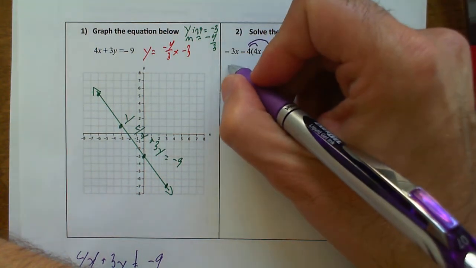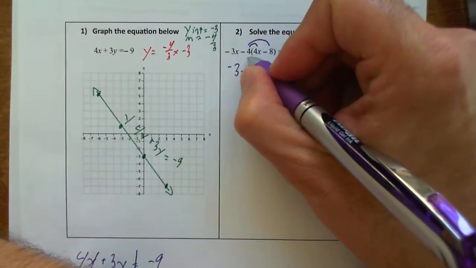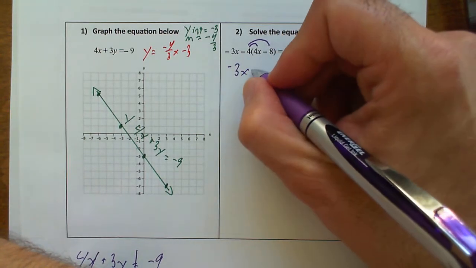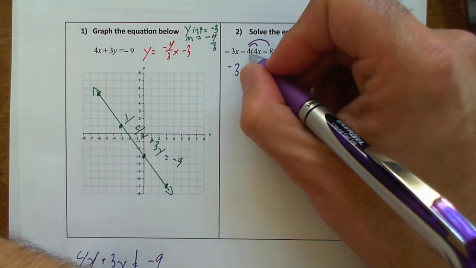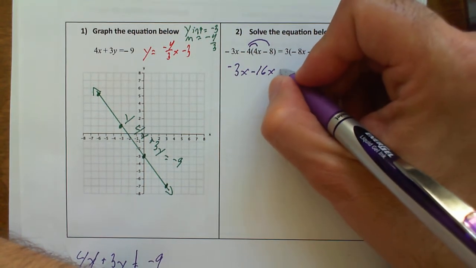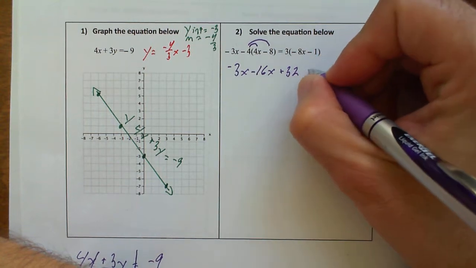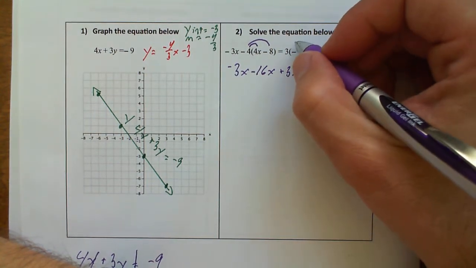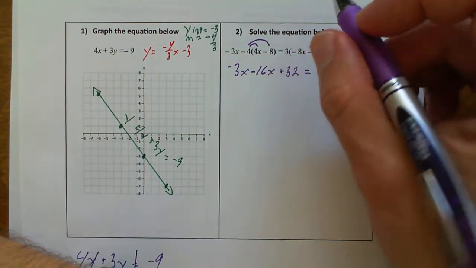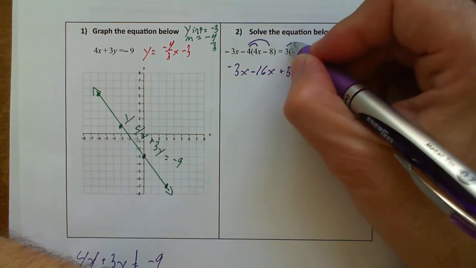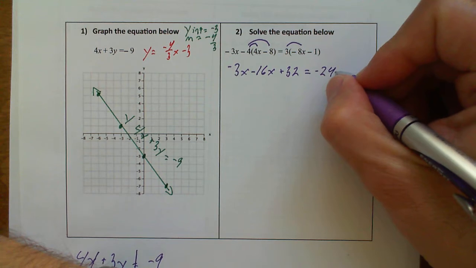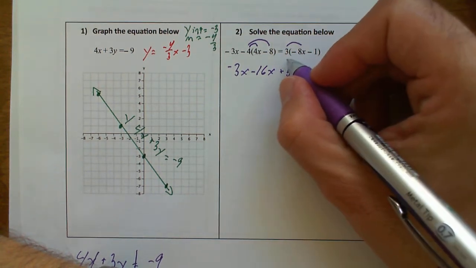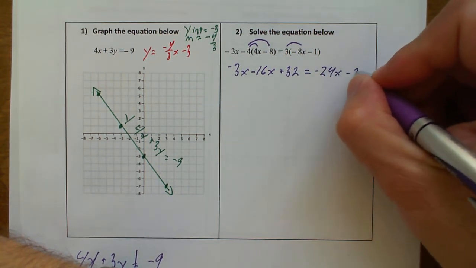Let's rewrite the -3x. -4 times 4x is -16x. -4 times -8 is +32, equals, let's distribute here: 3 times -8 is -24x, and 3 times negative 1 is negative 3.